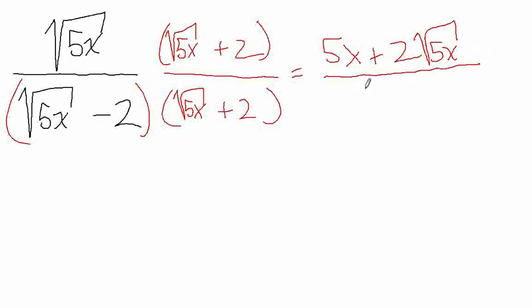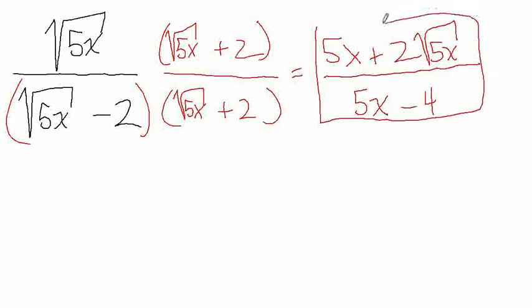On bottom, I'm going to get 5x minus 4. I simply squared the pieces of the binomial in the denominator. I don't think we can simplify that anymore. So that is the final answer, and I hope that is what you got.